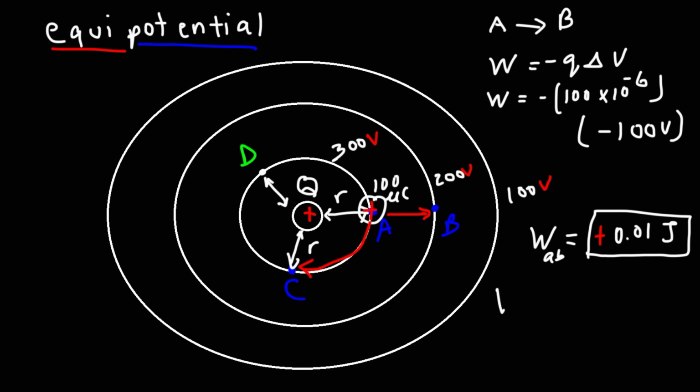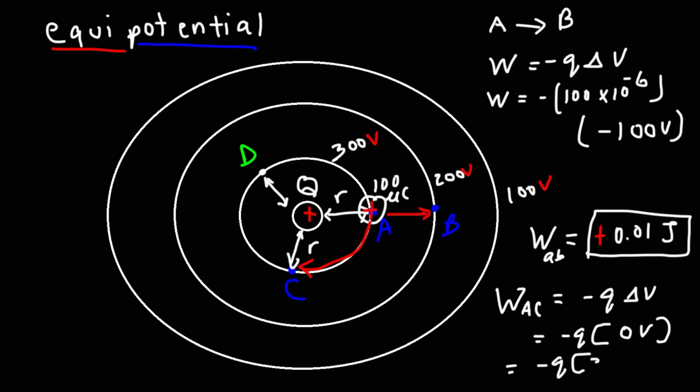Now, what is the work done going from A to C? Here's a question for you. As we go from A to C, what is the change in voltage? The change in voltage is 0.